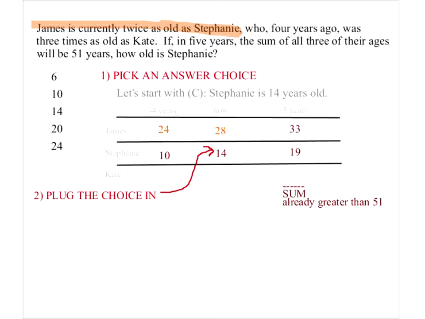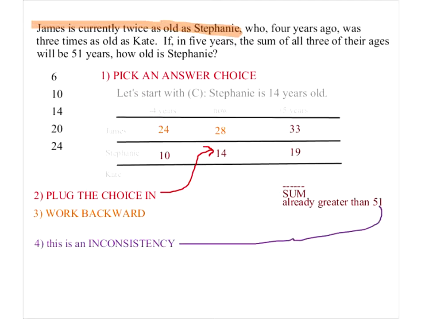So that's working backward. And then notice that this is an inconsistency right here. Because the ages are supposed to add to 51, this is already greater than 51. So, therefore, this is the wrong answer.